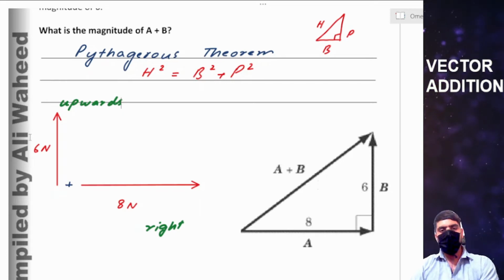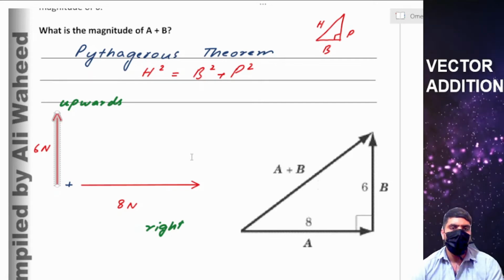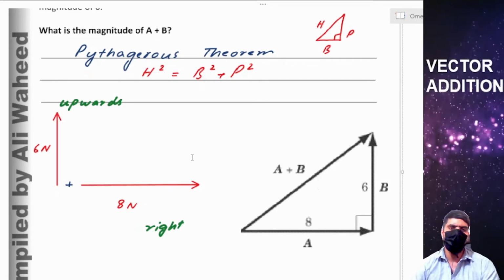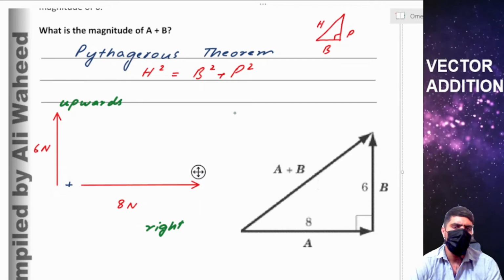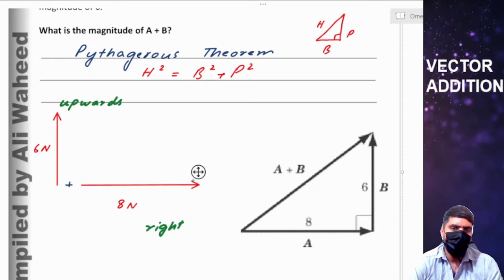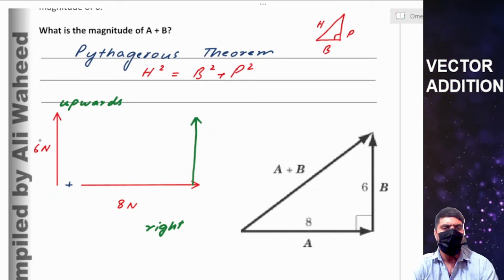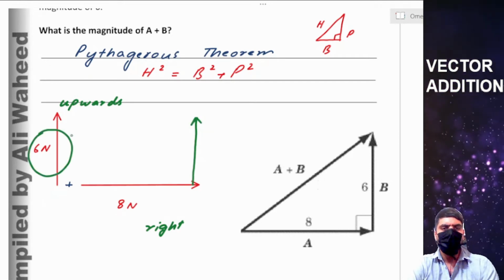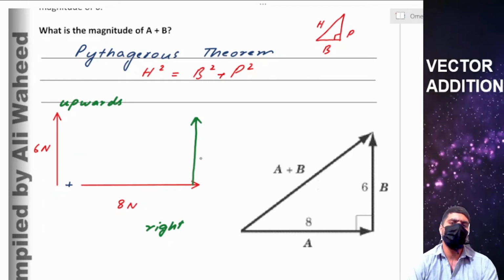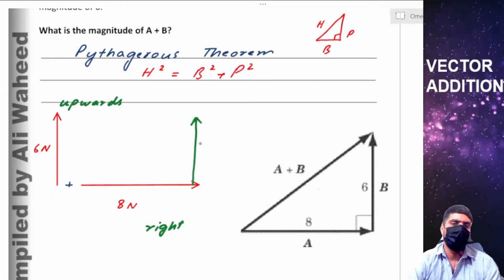I repeat, pick up the second vector and place it at the end of the first one. So how do you do that on paper? You simply ignore the first one and assume that you're holding the first vector and you place it right over here. So simply you can draw a line that is parallel or congruent to this one. Congruent means in the same direction and of the same size.